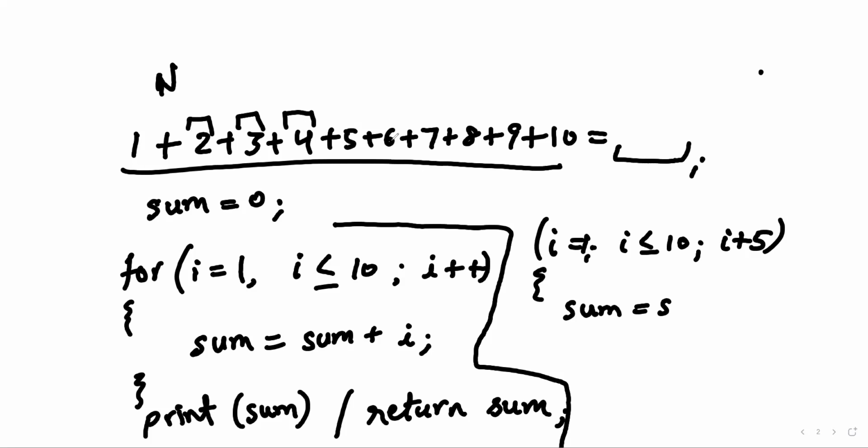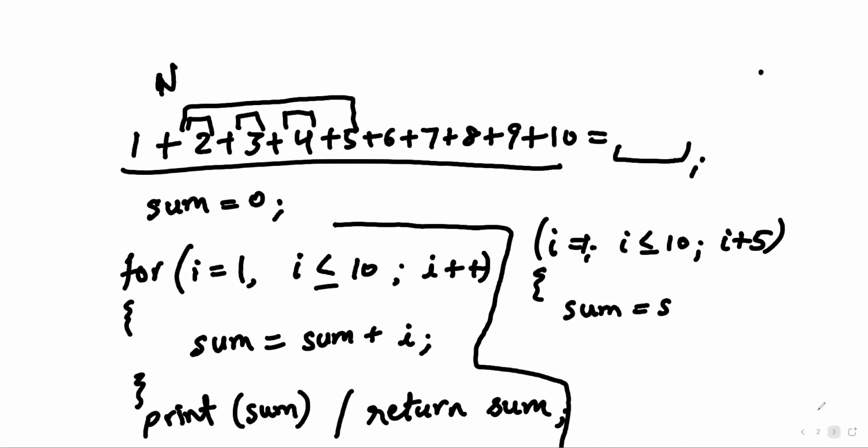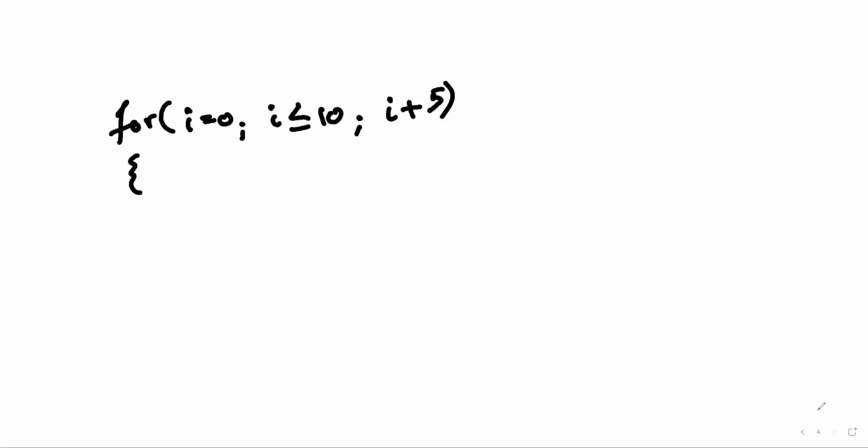But in your approach, if you directly jump 5 increments, we would miss out on these numbers. They would never get added into our sum, so this would give us the wrong answer. Okay, I see. So we need to not miss any number. Yeah, we have to increment by 1. I thought that with my approach we would just reach 10, this is why I asked.